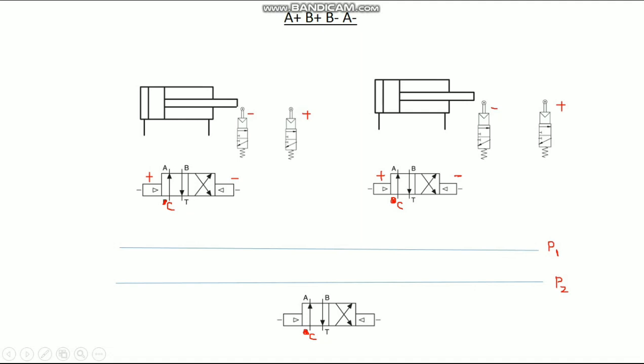First we have to give connection to the pressure lines. Pressure line 1 will do the first group operations and pressure line 2 will do the second group operations.